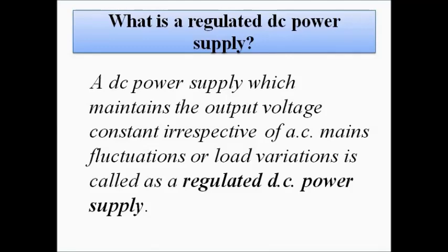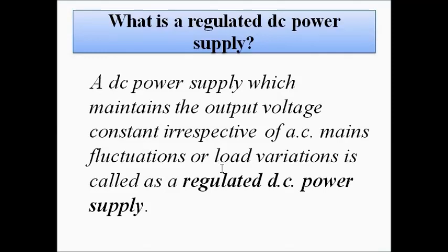It will remain constant, flatline, irrespective of the AC mains fluctuations or variations in the load. That power supply which gives us a constant, flatline DC output, irrespective of the AC supply that we get or any fluctuations in the load, is called a regulated DC power supply.